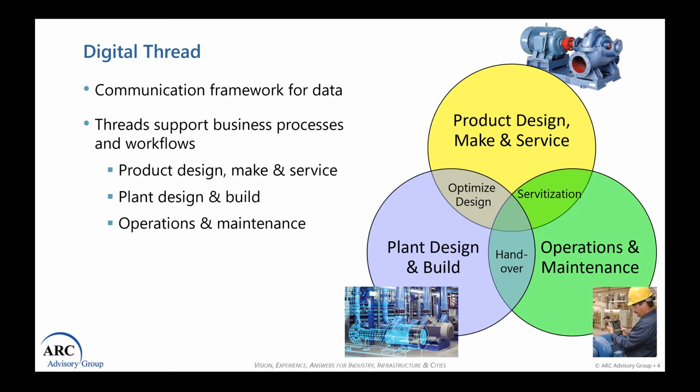Now, on the right-hand side, the OEM to operations and maintenance, we're starting to see a transition to product as a service and servitization. So the example of this is where the OEM is remotely monitoring the health of the equipment that's in the plant, and they're able to assess the asset health, and they can identify when something is starting to go wrong very early in the process.